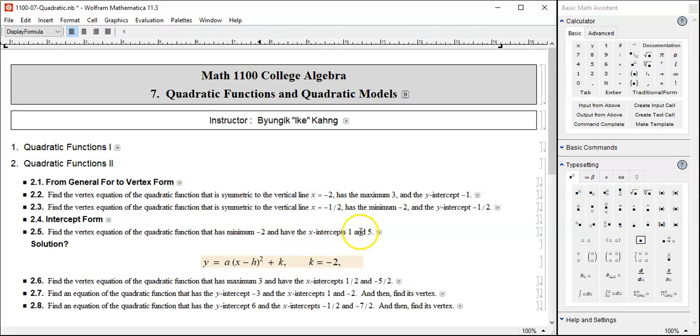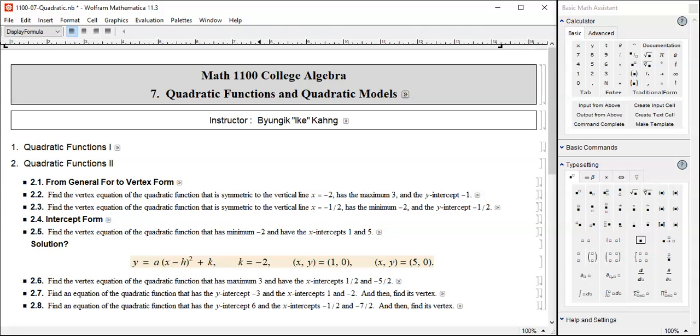And x-intercepts 1 and 5. Okay, x-intercept is 1, which means running through (1, 0). And x-intercept is 5, which means running through (5, 0).